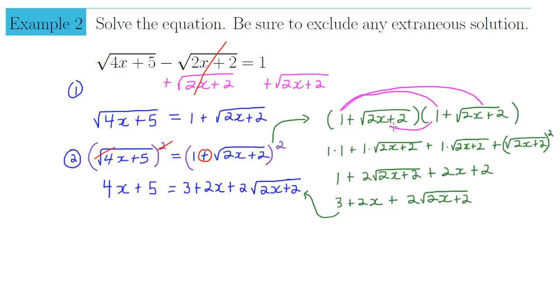And then this whole root 2x plus 2 also needs to get multiplied by this root 2x plus 2. Now this is a little tricky. When you take root 2x plus 2 times root 2x plus 2, you're multiplying a square root by itself, so you're squaring a square root. This square and this square root end up leaving you with just what was underneath the square root. They end up undoing each other.